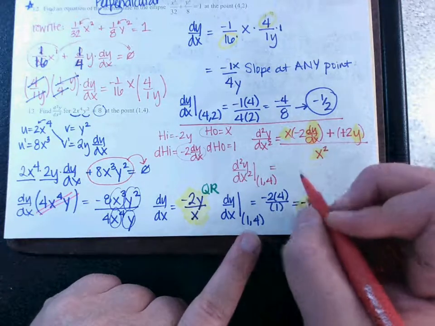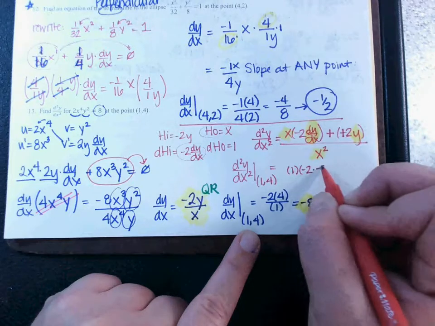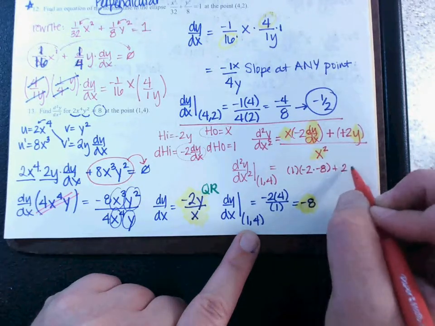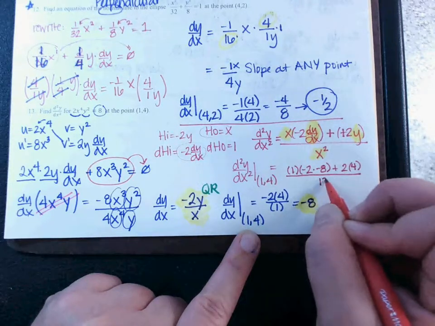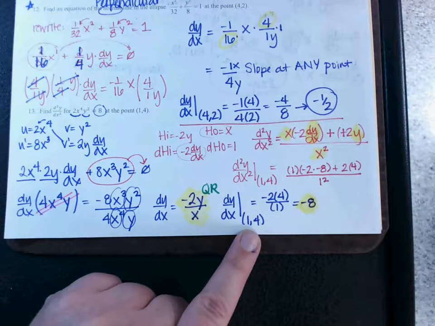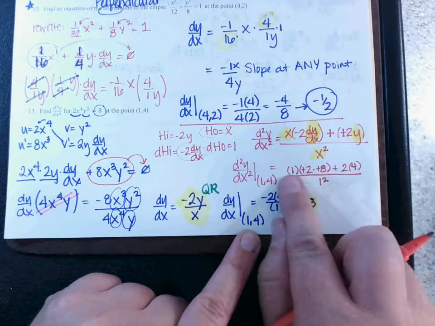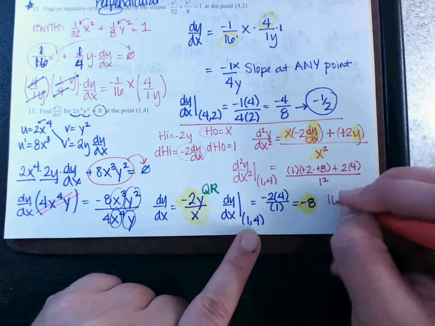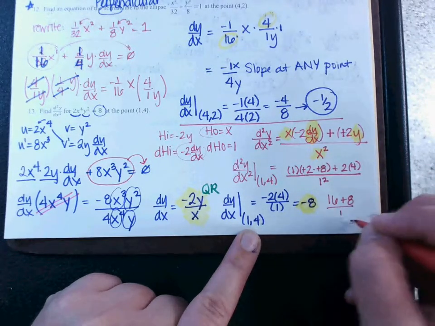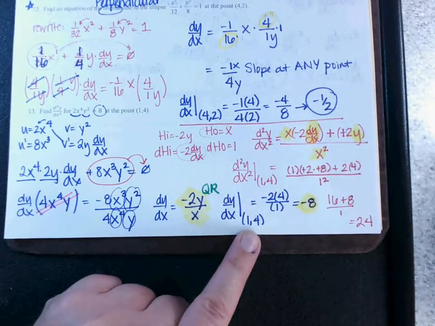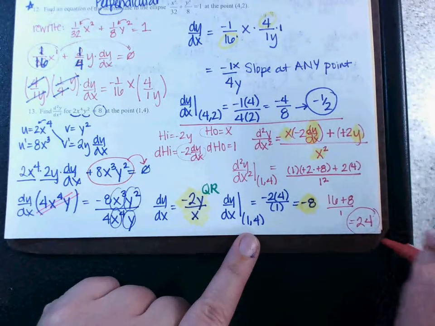So my x is going to be 1, negative 2 times negative 8, 2 times y, which is a 4, and then my x is a 1 squared on the bottom. Negative negative crosses out, that's really just a 16 times 1. 16 plus 8, divide by 1, 24. So that would be your second derivative at that point.